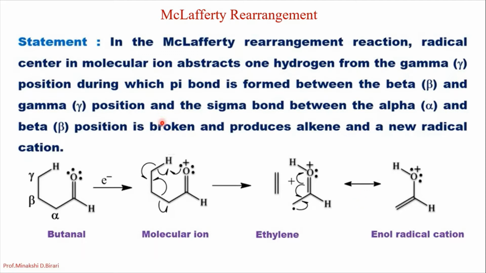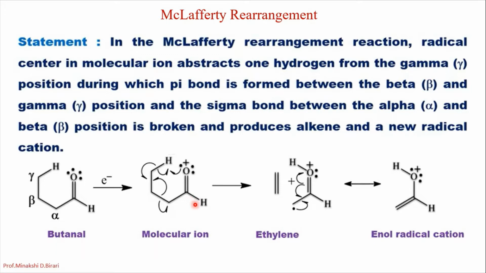In McLafferty rearrangement, the cleavage of bonds in the molecular ion is due to intramolecular atomic rearrangement, and this leads to fragmentation whose origin cannot be described by simple cleavage of bonds. When the fragments are accompanied by bond formation as well as bond breaking, a rearrangement process is said to have occurred.